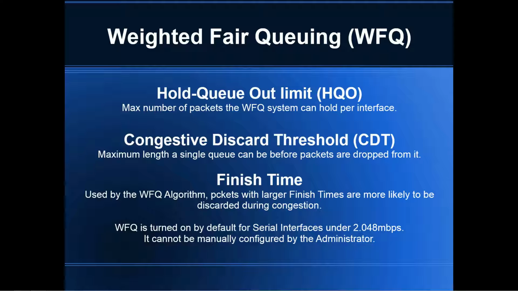Part of that can also deal with our hold queues and our congestion discard threshold. Essentially, how many packets can it hold in the queue per interface? At what point do we start discarding packets? If our device is overloaded, how long do we have to wait until we start just throwing away the items that we've deemed not overly important?